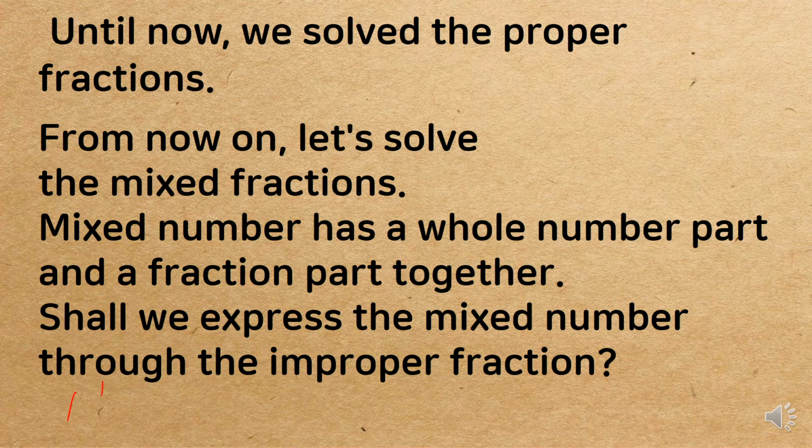1 and a third is 1 plus a third. Then 1 is the same as 3 over 3, plus 1 third becomes 4 over 3.